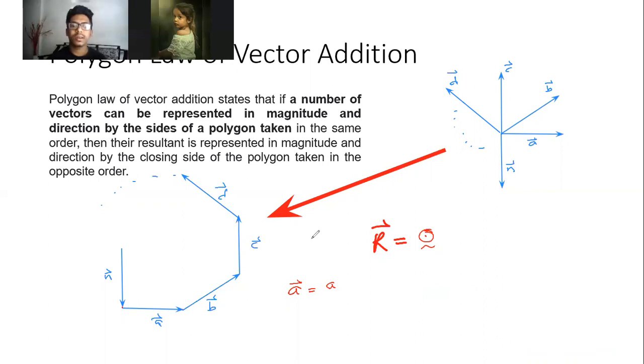The resultant vector is the null vector. The resultant vector is equal to 0 vector or null vector.